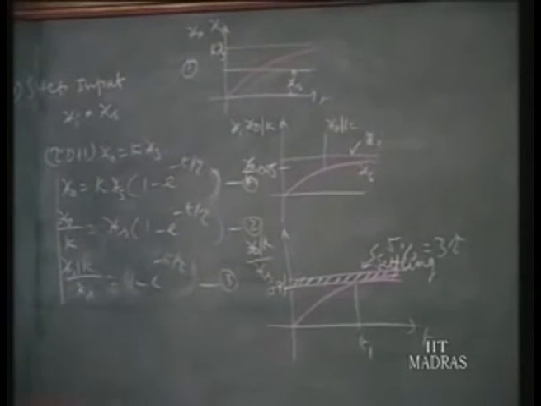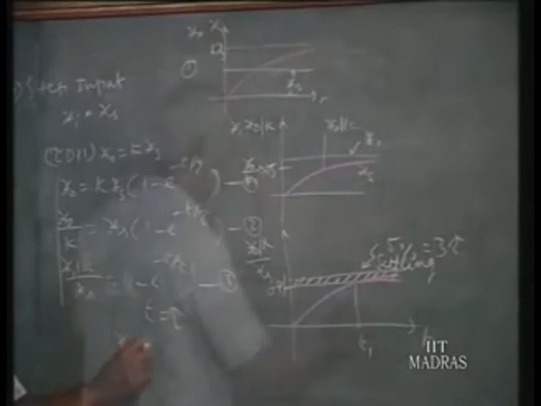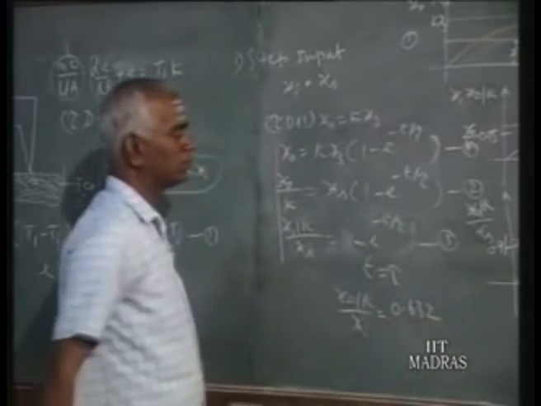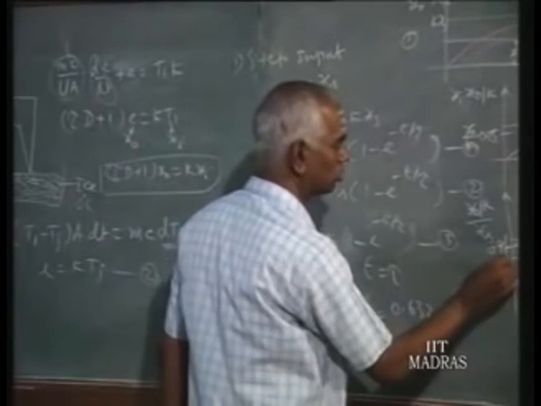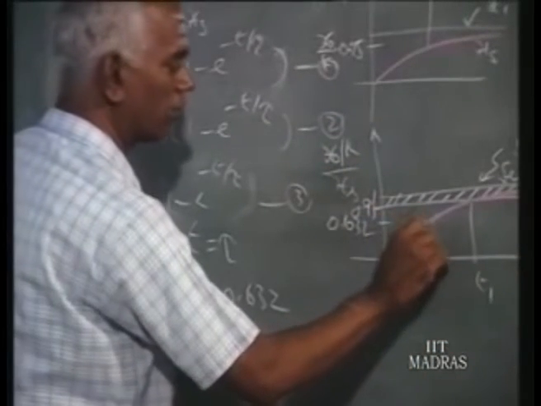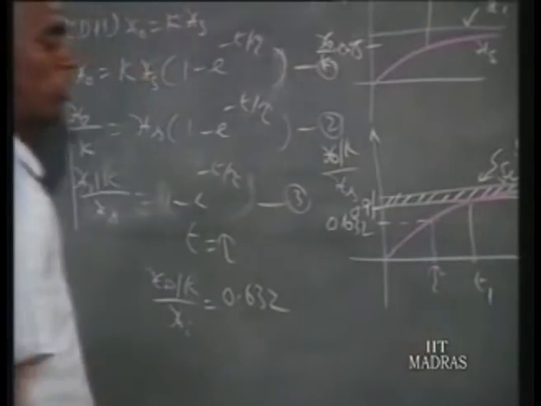From here we derive many other characteristics. When t is equal to tau, XO by K divided by Xi will be 0.632. If it is 0.632 somewhere here, then the time at that point is equal to tau itself.